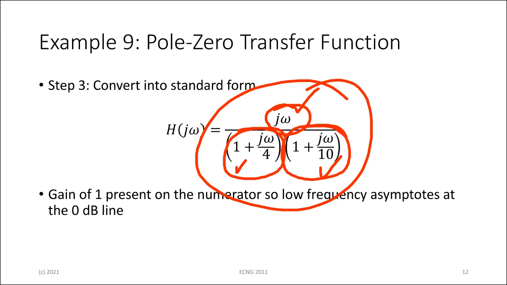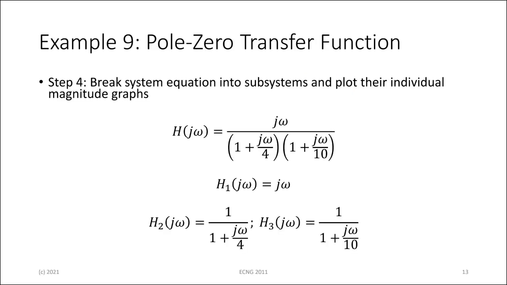Or if you flip it over, 20 log of this, plus the minus log of that, plus the minus log of that, etc. So you basically add up each response. So the numerator is a simple zero, so I can start sketching it.